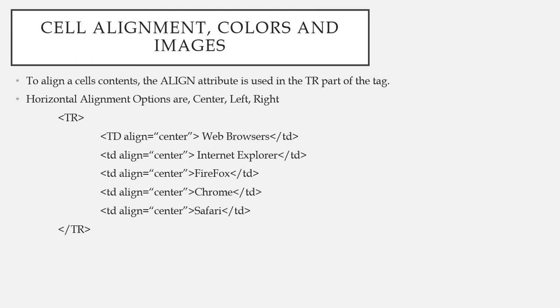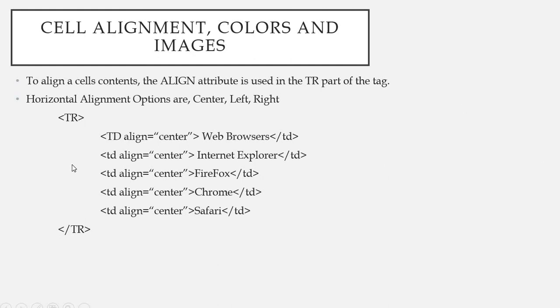In a table you have two types of alignment, horizontal alignment and vertical alignment. In horizontal alignment you have three options: center, left align or right align. Now see here how to align the text in a cell. We have drawn the table, then I have specified TD. Here you have a total of five cells, that is five columns: the first is web browser, then Internet Explorer, Firefox, Chrome.